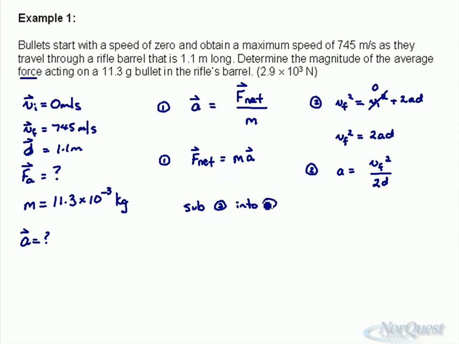And that's it. Now, do you have to do this step? Of course not. You can work out the acceleration, keep that value exactly on your calculator, then go work out the net force. I'm just going to save myself one step so that I can write this as F net equals mass, and for acceleration I'm going to put in VF squared over 2D, and it'll be one substitution.